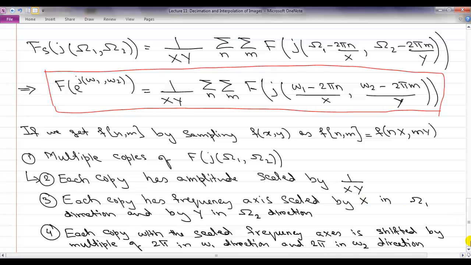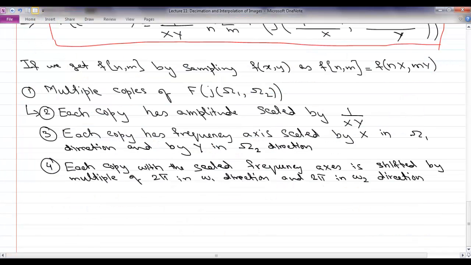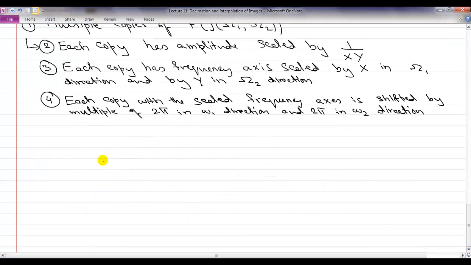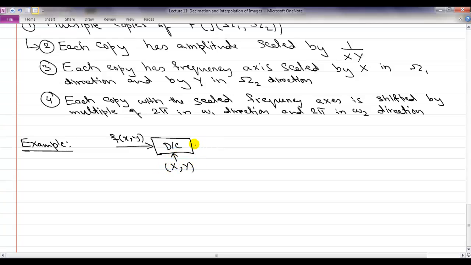So let's look at what this may mean pictorially. Let's assume, as an example, that you have f of x, y, you do sampling, you get f of n, m. And this f of x, y has the Fourier transform, again, the pyramid kind of structure that we saw earlier.